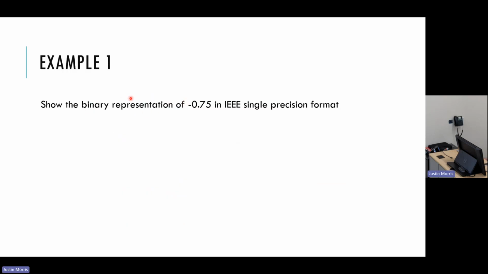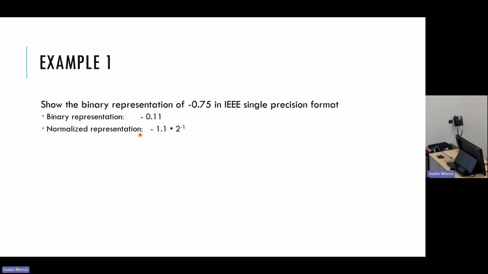All right, so the first example that we want to look at is showing the binary representation of negative 0.75 in IEEE single precision format. The binary representation of this is negative 0.11, because this is 0.5, this is 0.25, add them together, 0.75.